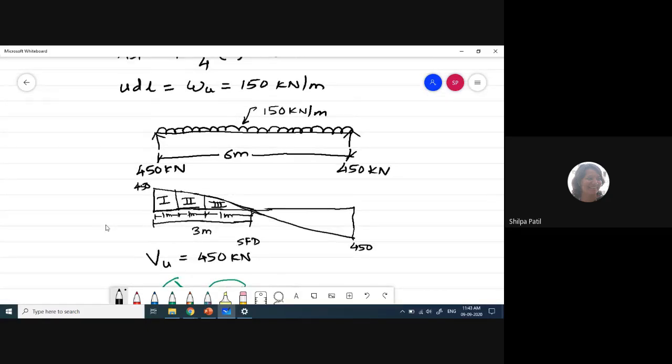Just write down one statement below this diagram: dividing the entire beam in 3 zones for curtailment of shear reinforcement.